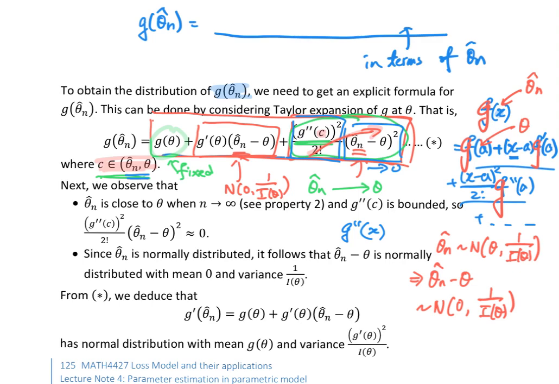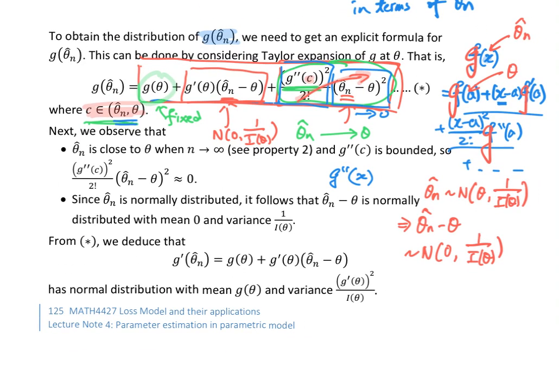If we look at the whole term, it is just a constant multiplied by the normal random variable. According to the property of the normal distribution, this product follows the normal distribution with mean 0 and variance g prime theta all squared divided by I theta.